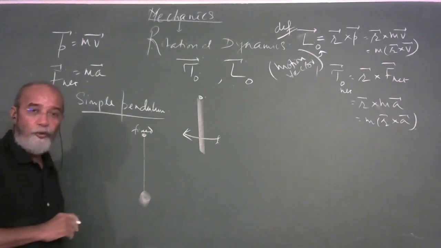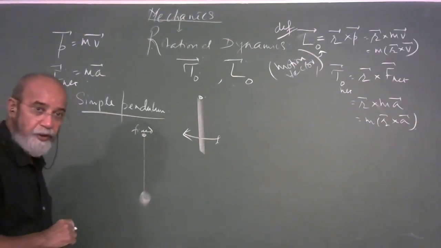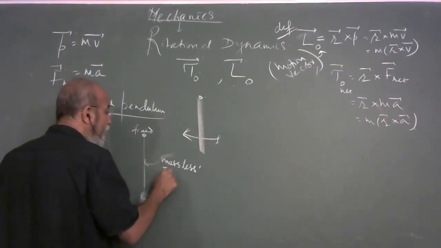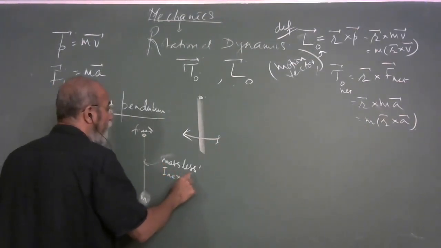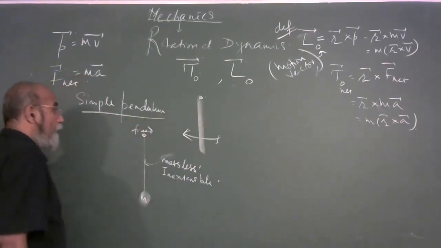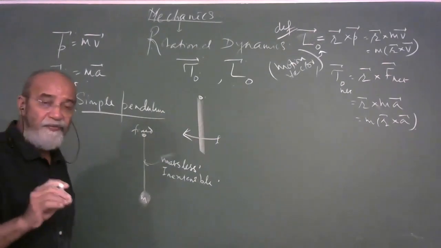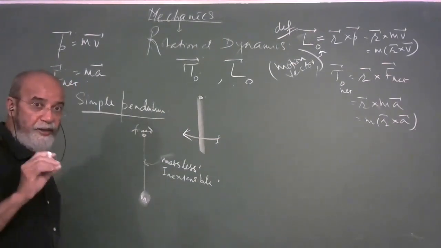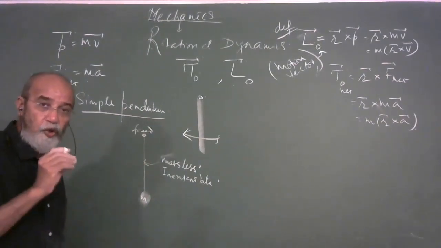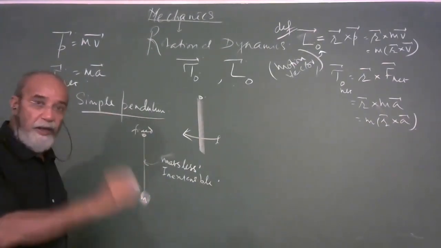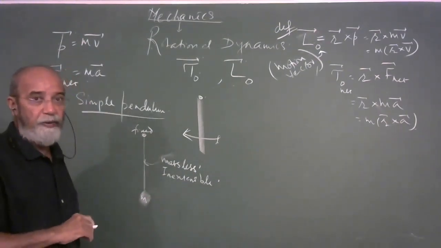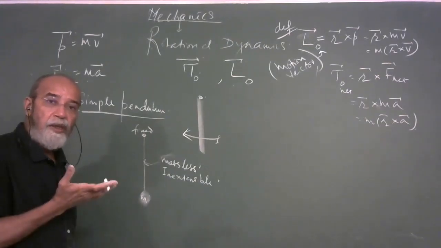Anybody wants to improve Sajiv's definition because it is not correct, Hitesh? And of course, inextensible. In real life, you can never have a simple pendulum. When your school teacher told you, let us make a simple pendulum and find out its time period, she was not correct.